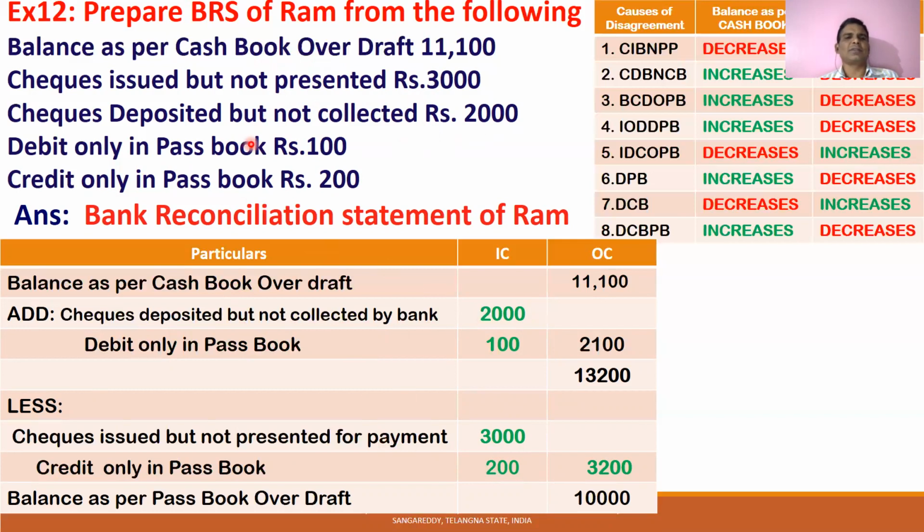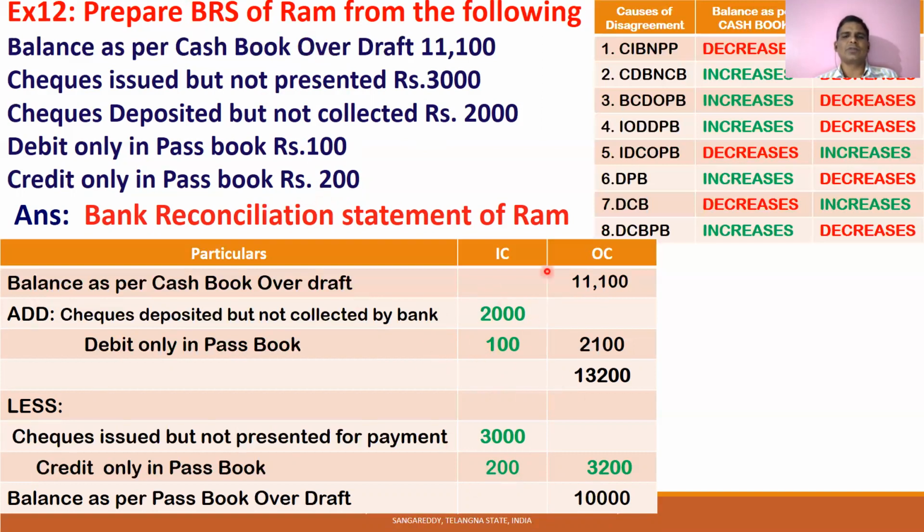Debit only in passbook: whatever they debit in passbook, passbook decreases, cash book increases because cash book OD is given, so increase, add. Credit only in passbook: whatever they credit in passbook, passbook increases, cash book decreases. Given also cash book OD balance, decreased, so less.